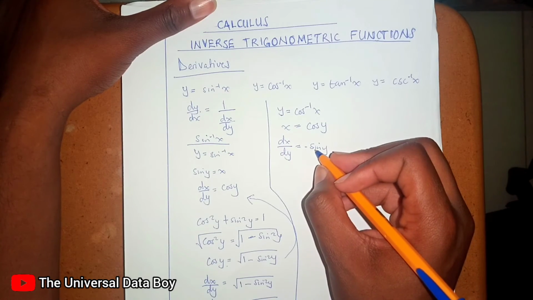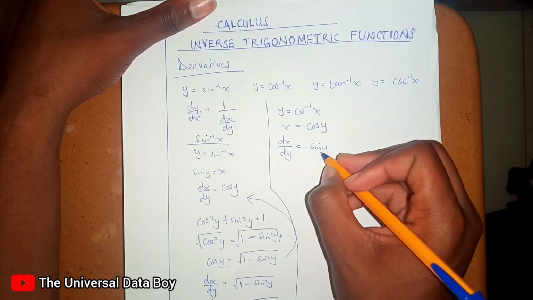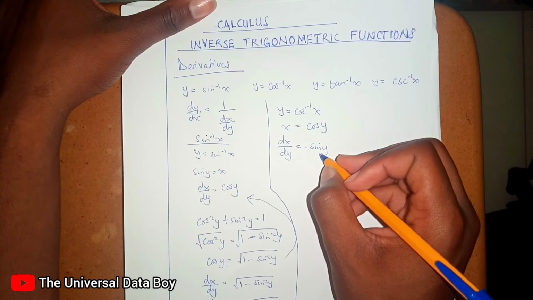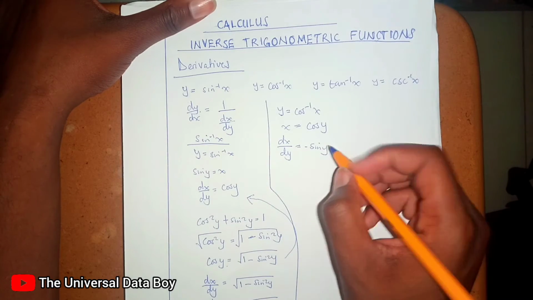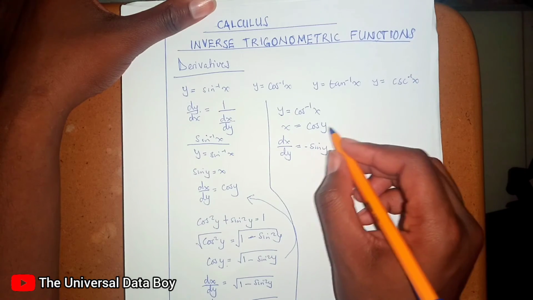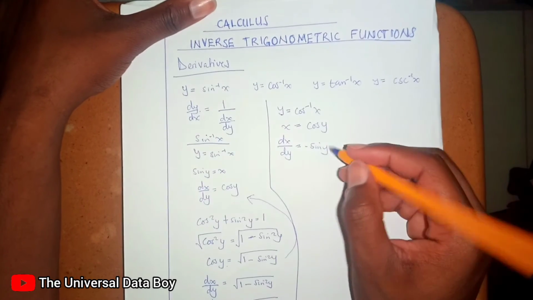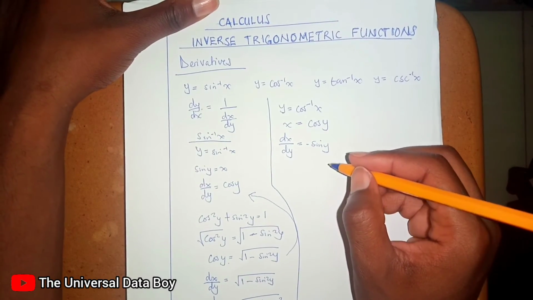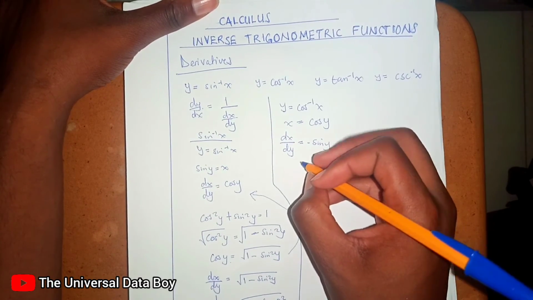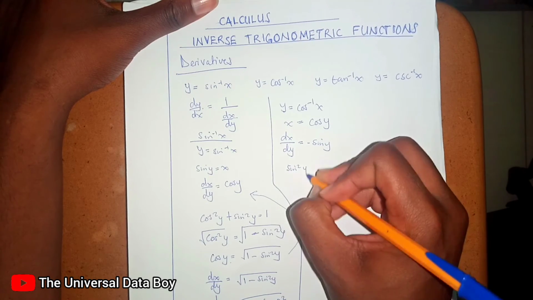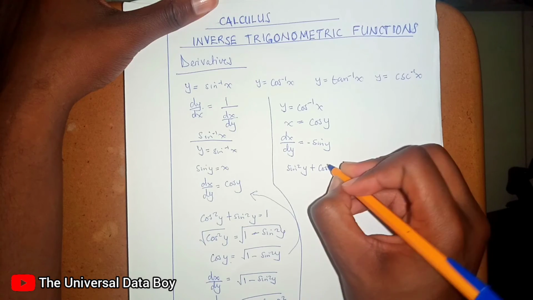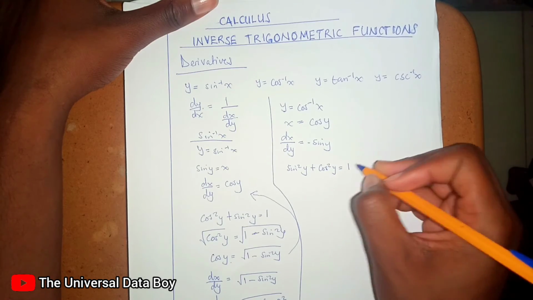Then we try to make sine y in such a way that we're going to use the trig identities so that we have a cosine y that we can replace with x. We are being told that sine squared y plus cosine squared y is equal to 1.